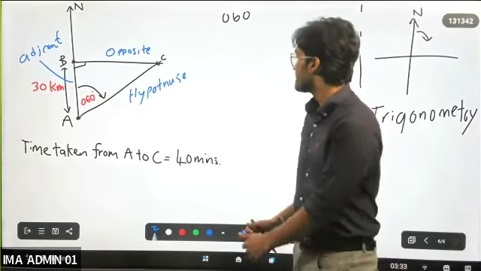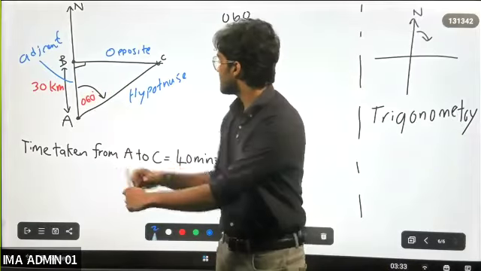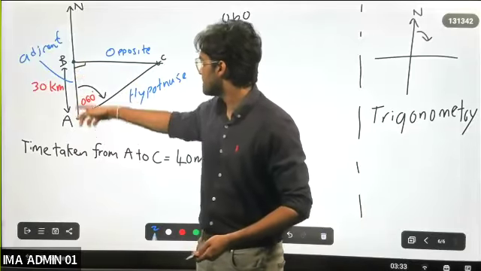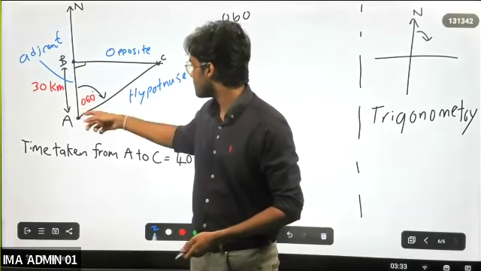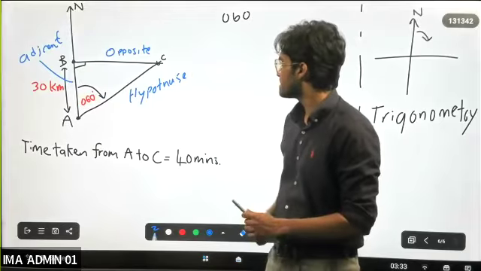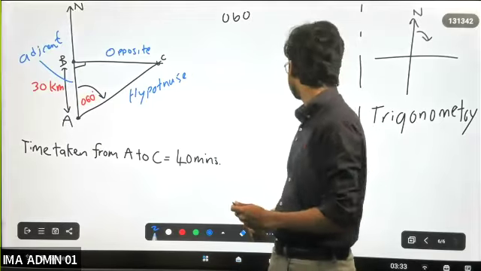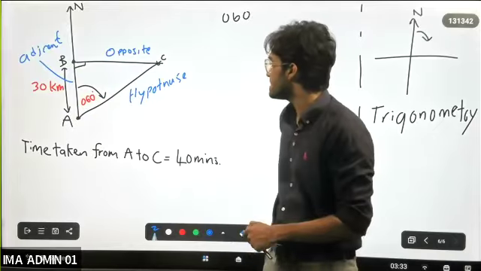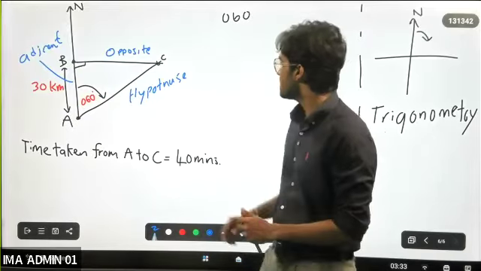So basically, what's the easiest way to find out this? So we know the adjacent side according to the given angle. Then which trigonometry equation does it involve? Cos, right?